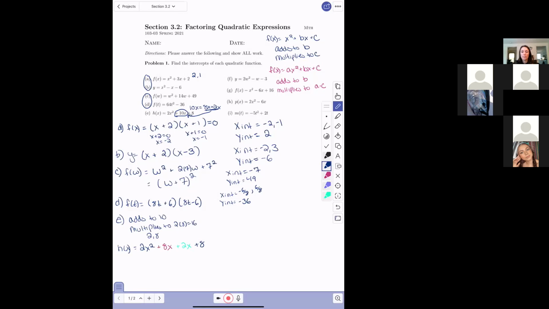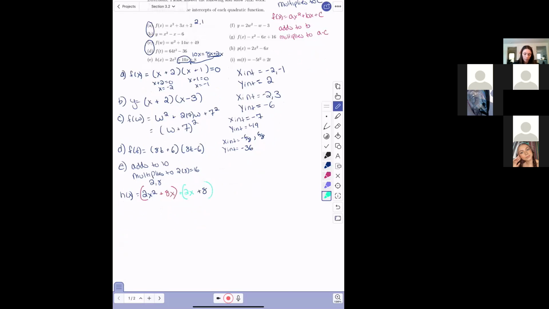Anyone confused on that? Okay. The reason I wrote it in separate colors is because now we're going to look at my magenta binomial and my teal binomial.